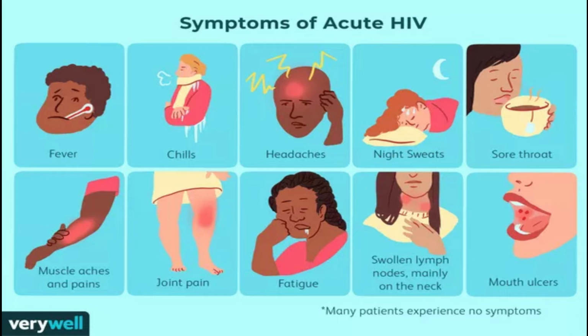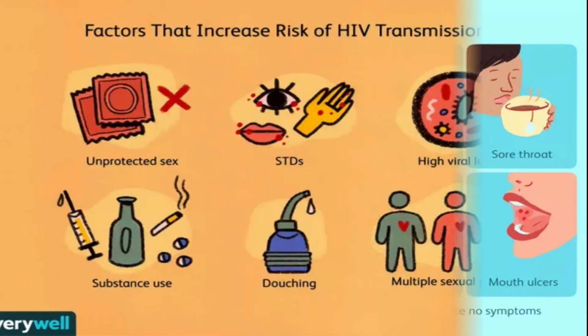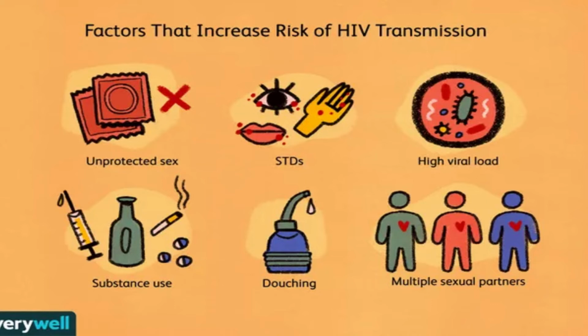Now, we'll deal with the mode of transmission of AIDS. How does AIDS get transmitted from person to person? HIV is transmitted mainly by unprotected anal, vaginal or oral sex with an infected partner, by sharing contaminated injection needles used by an infected person for drugs or blood transfusion, or cuts due to shared blades or razors, or from infected mother to child through pregnancy or breastfeeding.